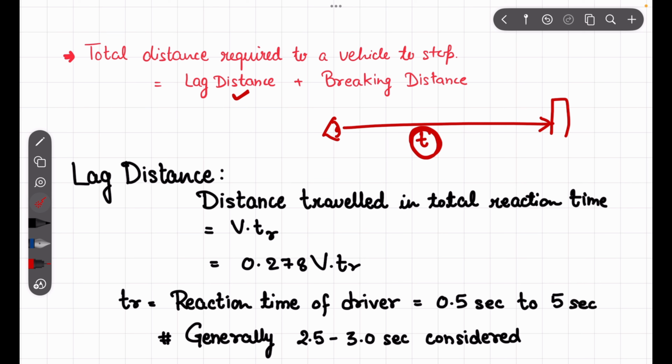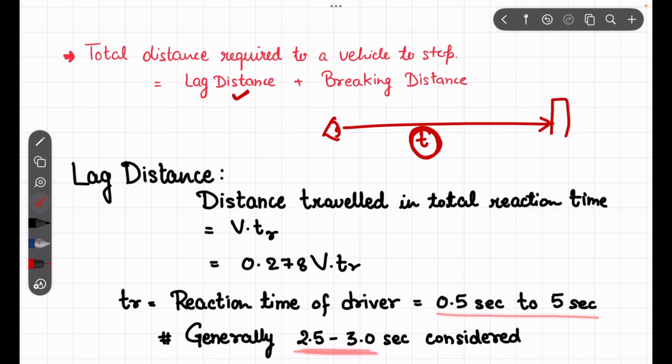A young experienced driver will take less time to react to the obstruction, while an older person will take much more time because of less active motor reflexes. Likewise, a new young or amateur driver will react differently. So the reaction time varies from 0.5 to 5 seconds, and generally it is taken as 2.5 to 3 seconds.